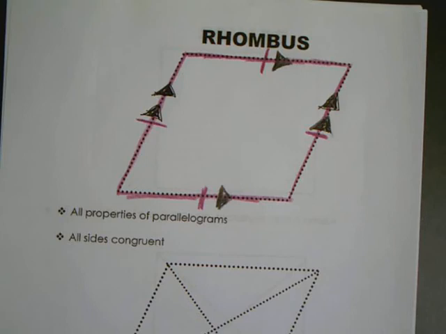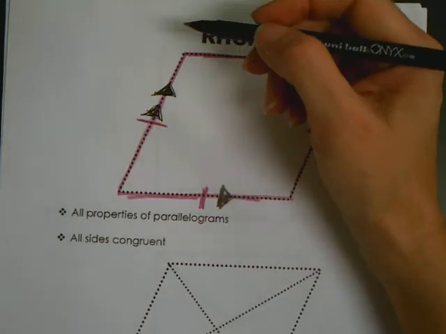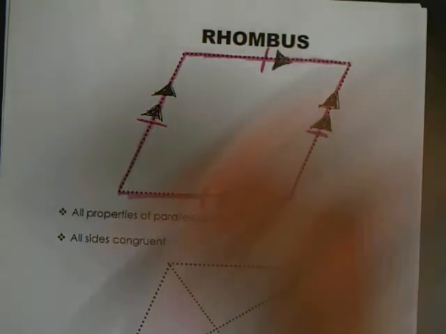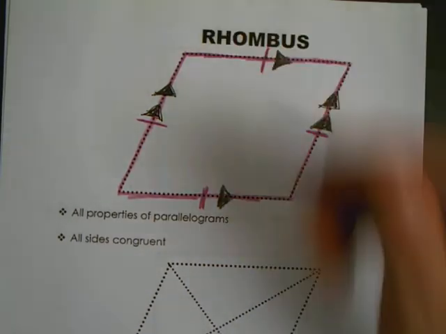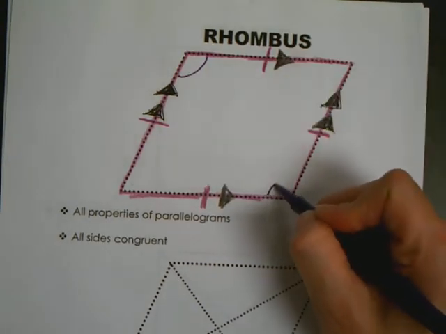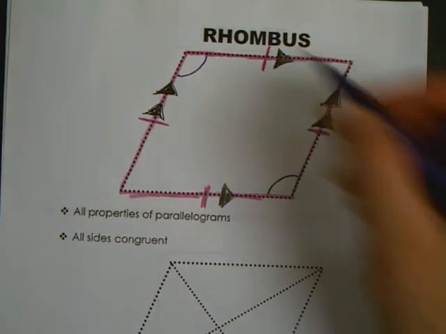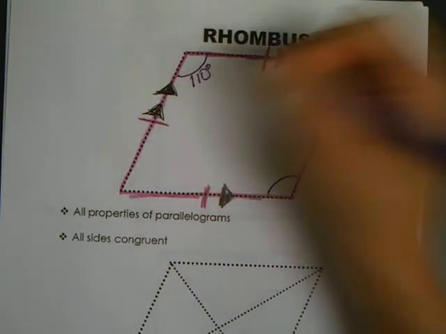All right, so we've got the opposite sides are congruent and parallel thing going. And also to note, your opposite angles are congruent. So let's go with this angle right here is congruent with this angle right here. And both of those angles are obtuse. Let's give them about 110 degrees. Okay?